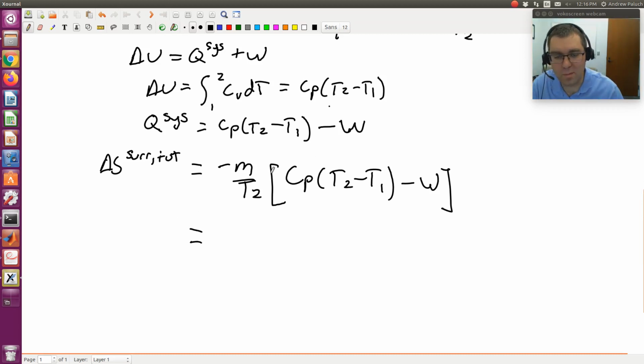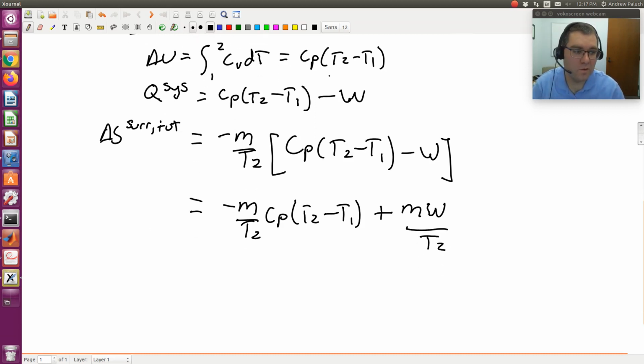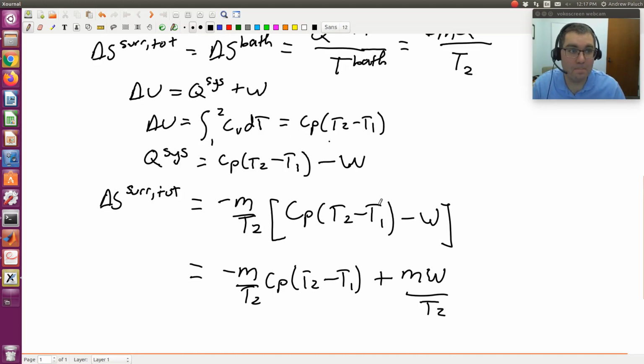When I plug this into my final expression, this would be negative M over T2 Cp T2 minus T1 plus MW over T2. I want to distribute so that I make sure I have the sign right.